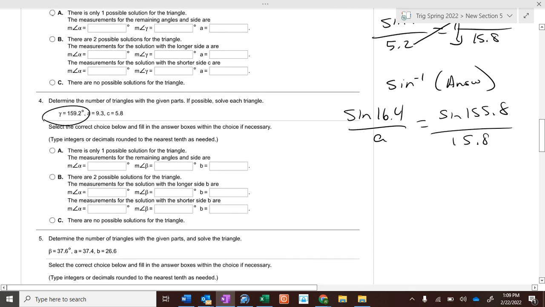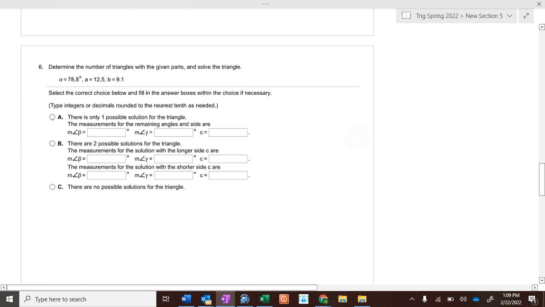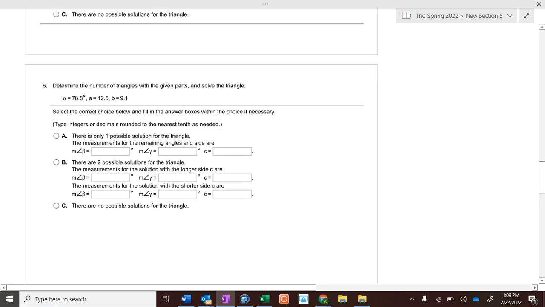Okay? Now, if it ever gives you an error on your calculator on these obtuse ones, then how many triangles can it be? 0. There can't be any triangles. Okay? So there are 6 problems for you to play with. Okay? Some of them work differently than others.